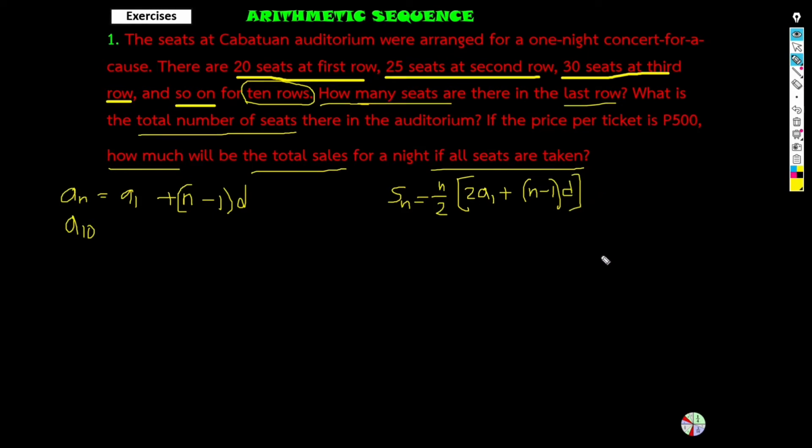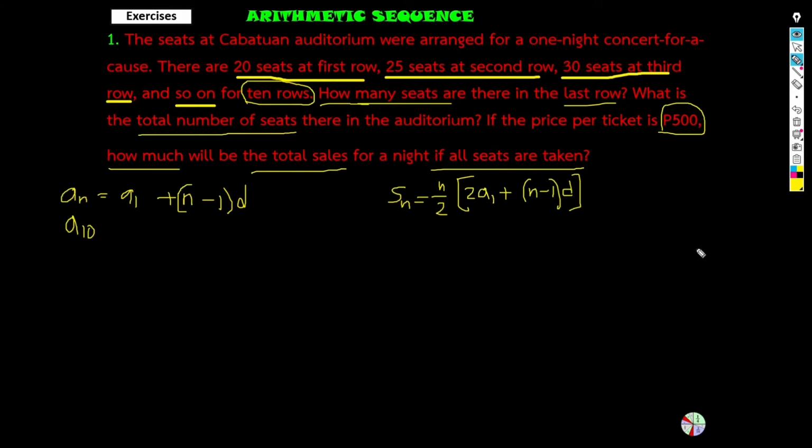And for the last question, how much will be the total sales for a night if all seats are taken? We're just going to multiply 500 pesos to S sub n, which is the total sales.